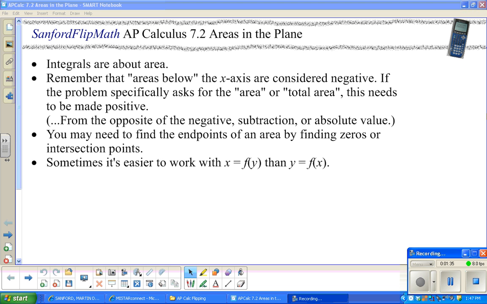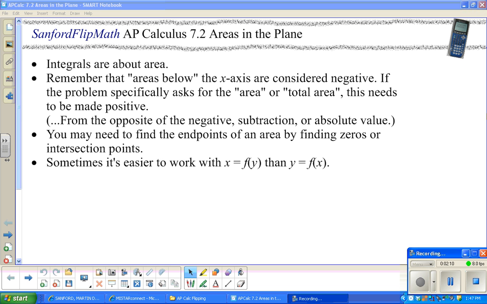As you remember from 7.1, there's a distinction between displacement and total distance, and that's analogous to the integral value and the total area problem. So just be careful. Sometimes you're going to make negative areas positive by doing the opposite, or sometimes you're going to do subtraction of a negative area, and sometimes you do an absolute value. It just depends on what's convenient.